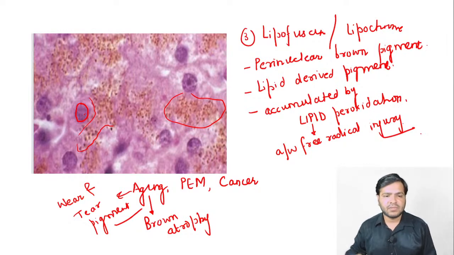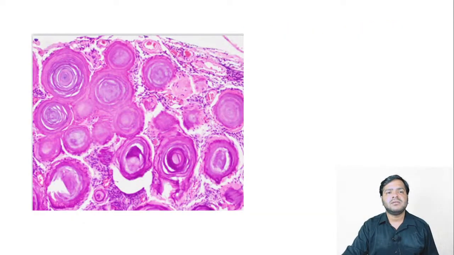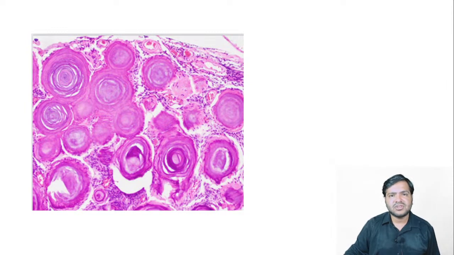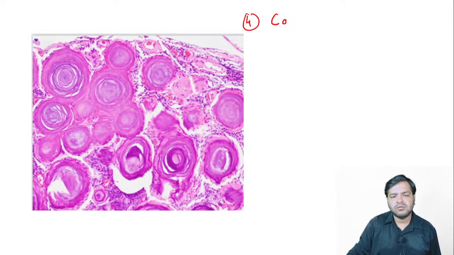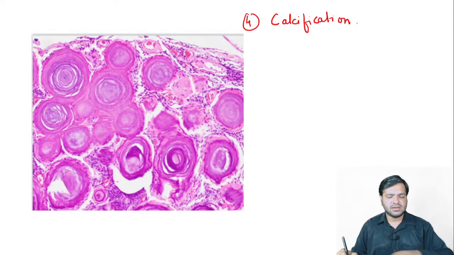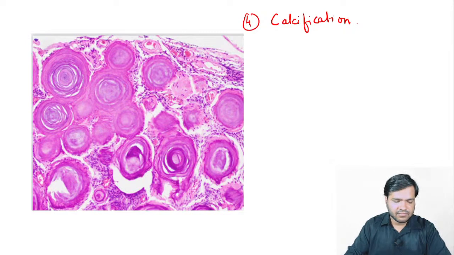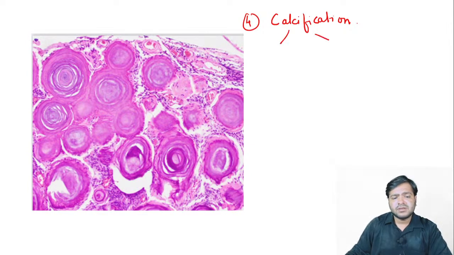And coming on to the last one, that is the calcification. And already we know the calcification is of two types: dystrophic calcification and metastatic calcification.